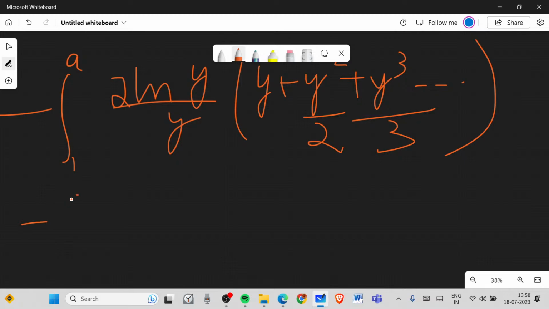Now you can even feel the excitement and the joy in me, right? So minus outside, the integral from 1 to a, putting y inside and even ln inside, putting 2 outside.